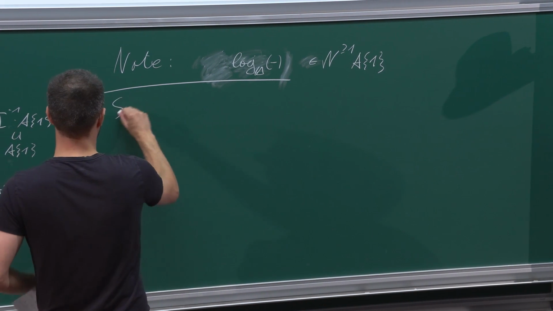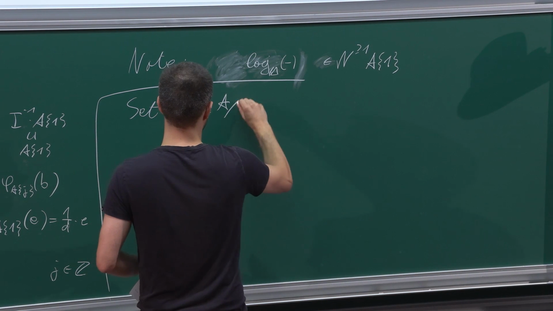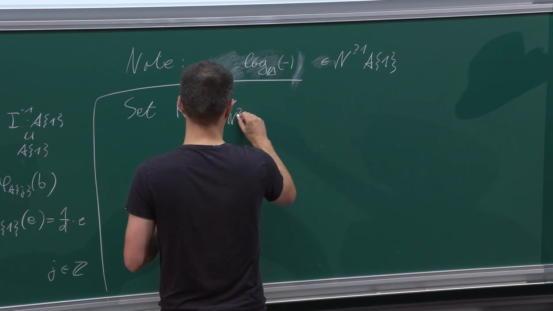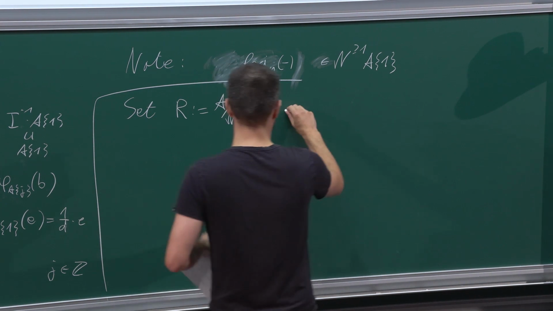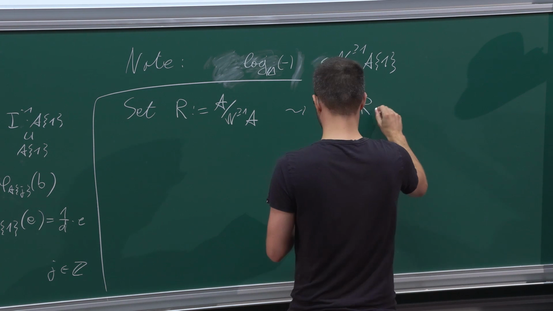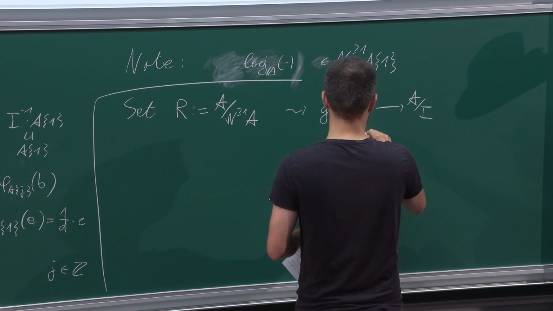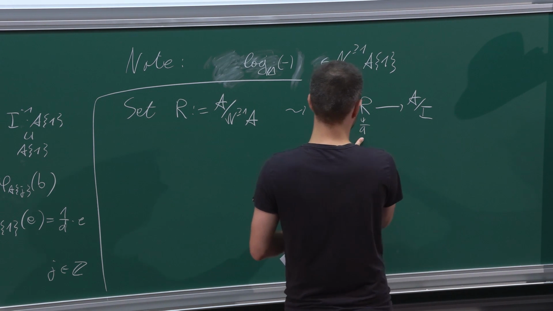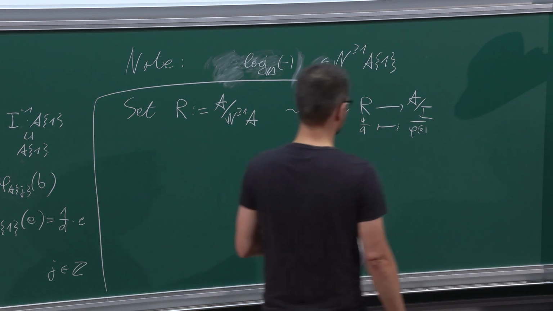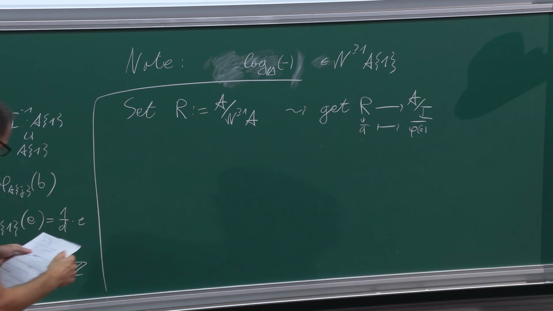Now, let me set R to be given by the ring A modulo the first piece of the Nygaard filtration. And in particular, what we get is a map from R to A mod I, and it's given by sending some residue class of A to the residue class of a Frobenius of A, and by definition of the Nygaard filtration, that is a well-defined map.